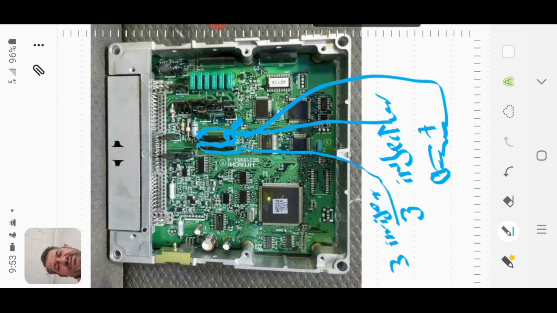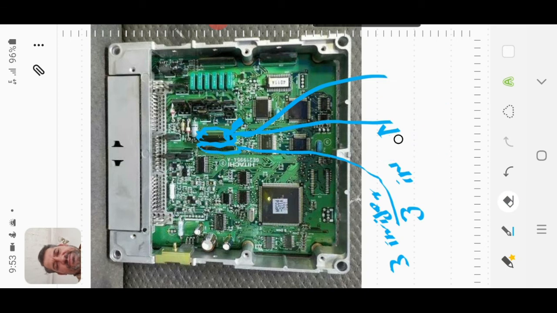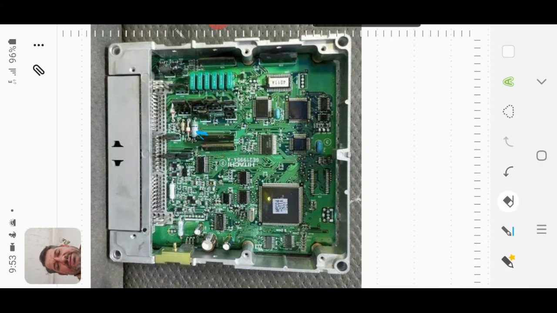This is the second failure part, most common failure part. This is a filter capacitor, the green one. This is a filter capacitor for every fuel injector, each with its own capacitor.